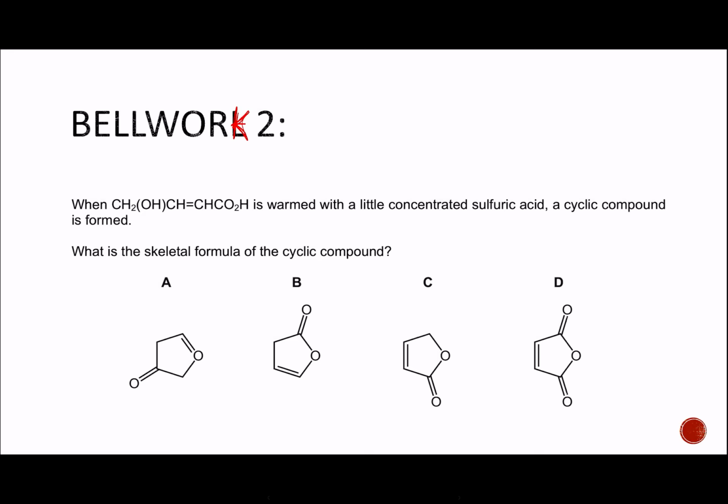When CH2OHCHCHCO2H is warmed with concentrated sulfuric acid, a cyclic compound is formed. What is the skeletal formula of the cyclic compound? In order to be able to do this, we need to understand what type of reaction is happening here. So I'm first going to redraw this molecule a little bit.